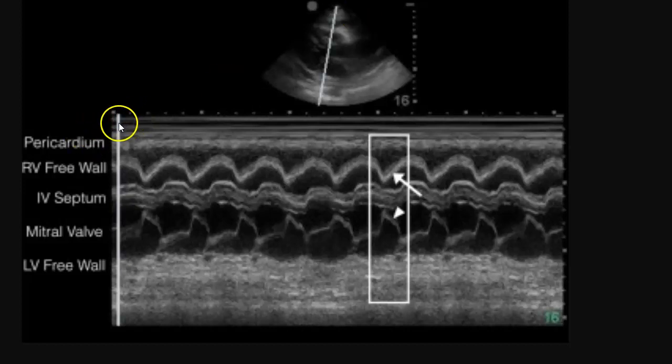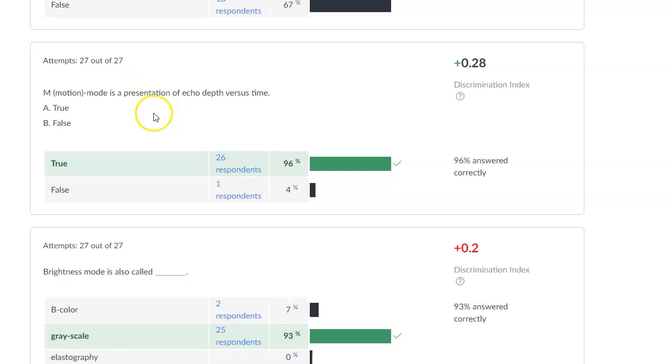And so this area that we see at the top of the screen, which represents the near field, and the area at the bottom of the screen is the far field, along this scan line is shown in the picture as depth, and that's versus time. So that's absolutely true. It's depth versus time.